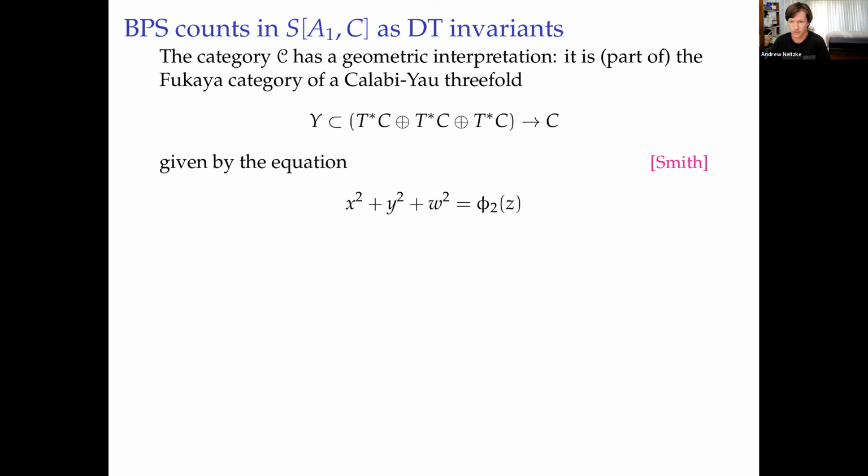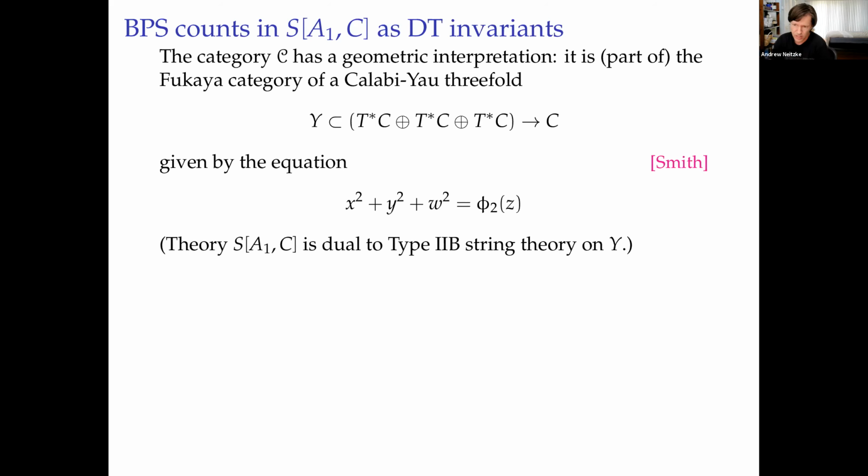More exactly, to get the Calabi-Yau threefold, you need to fix a stability condition. So you choose a particular stability condition that corresponds to a complex structure on this Calabi-Yau threefold. And then having done that, the threefold is given by this equation: x squared plus y squared plus w squared equals phi 2 of z. So one equation in 4 variables gives you a threefold.